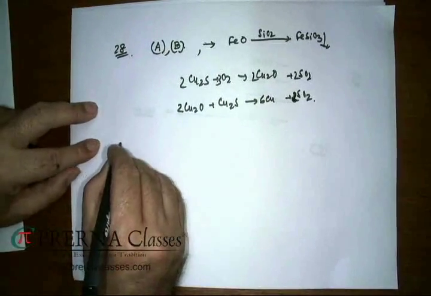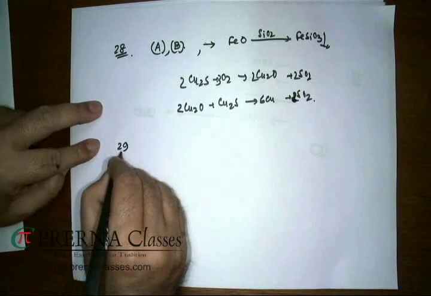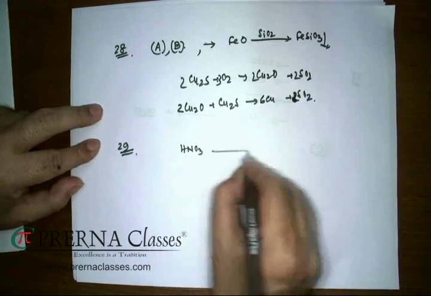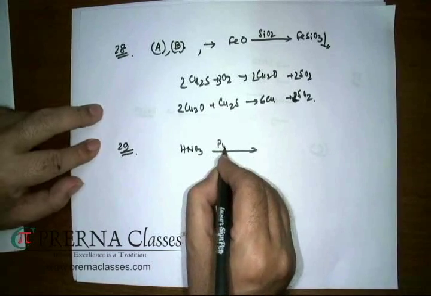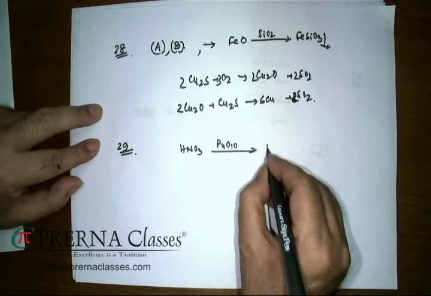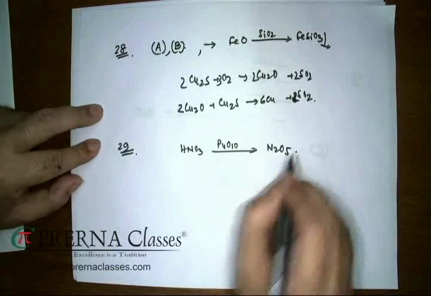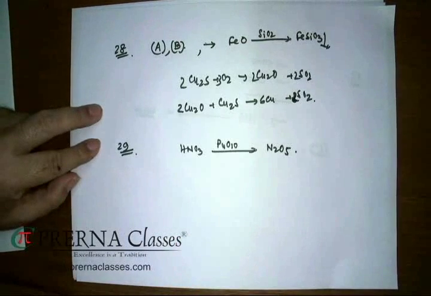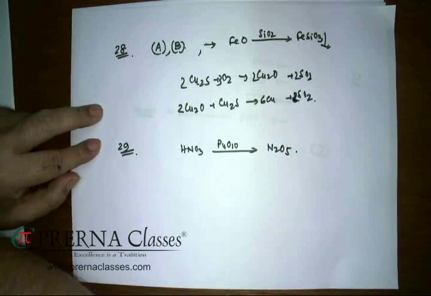29. That is again a question from HNO3, inorganic chemistry. HNO3 with P4O10, that's a dehydrating agent, you get N2O5. Now it is diamagnetic.